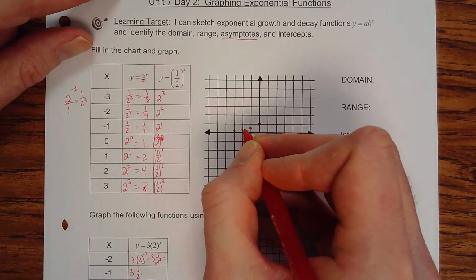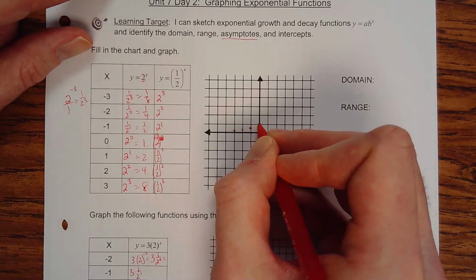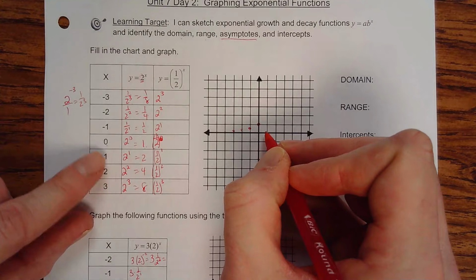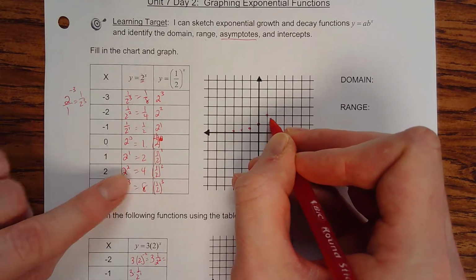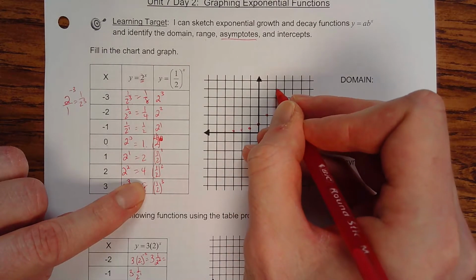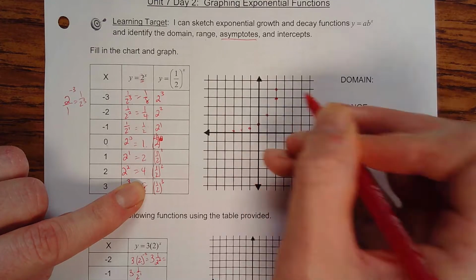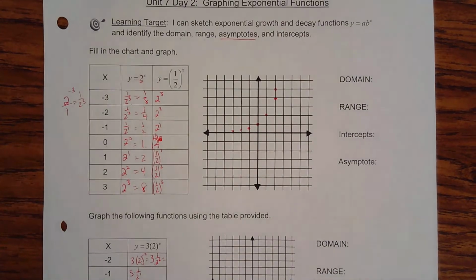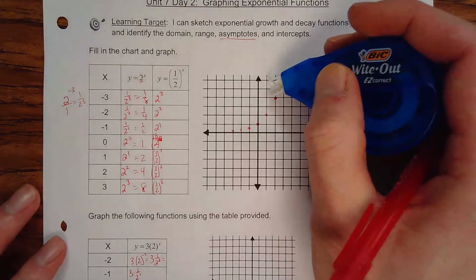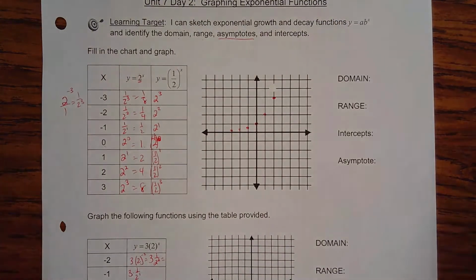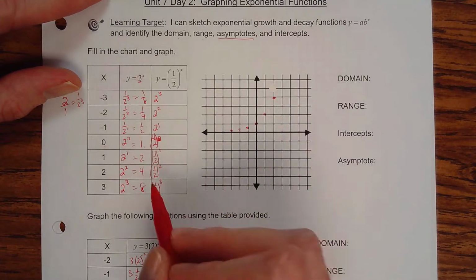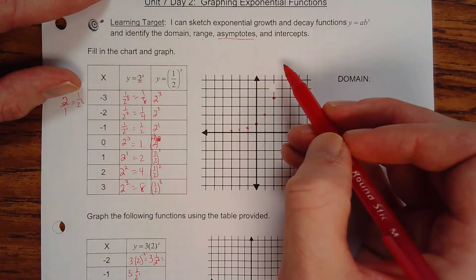So you see how it's kind of building. It's not growing very fast, but it's doubling. When I get to 1, I'm at 2. When I get to 2, I'm at 4. I'm sorry, 1, 2, 3, 4. I missed it there. That bothers me, so I'll fix this. And then when I get to 3, I'm at 8, so I'm off the chart.